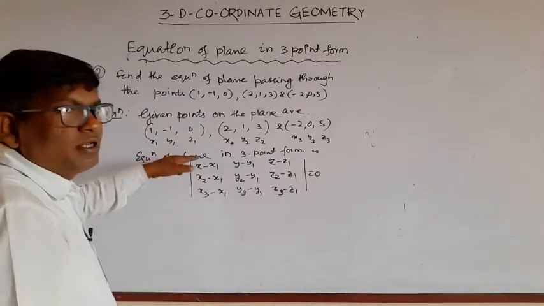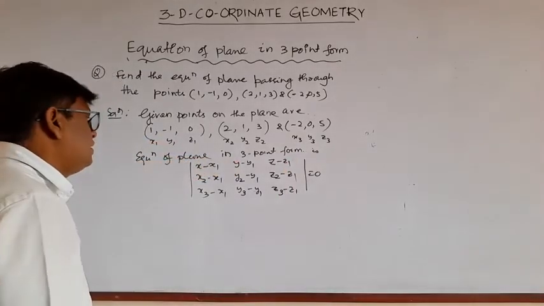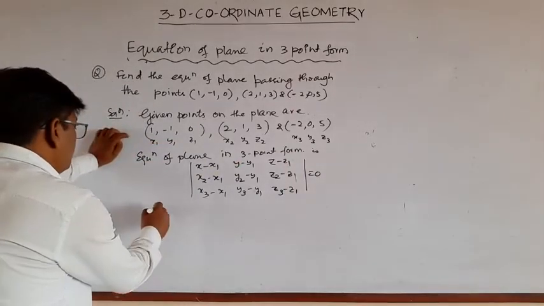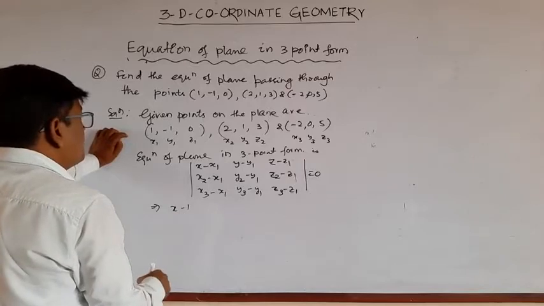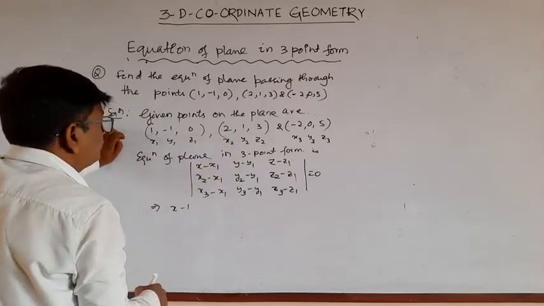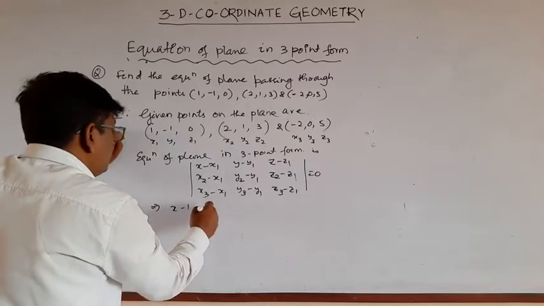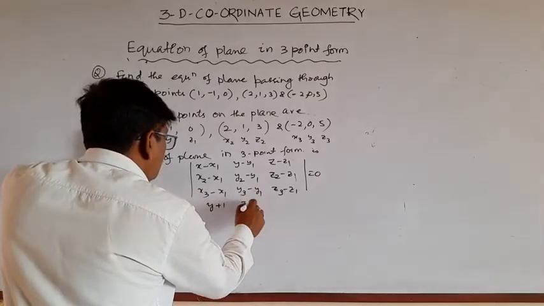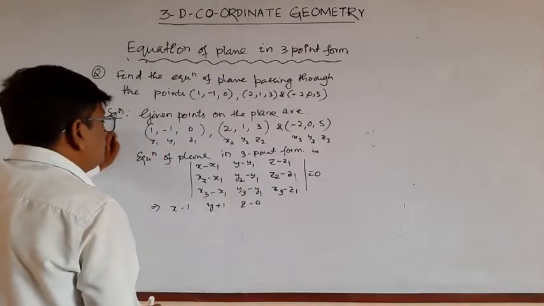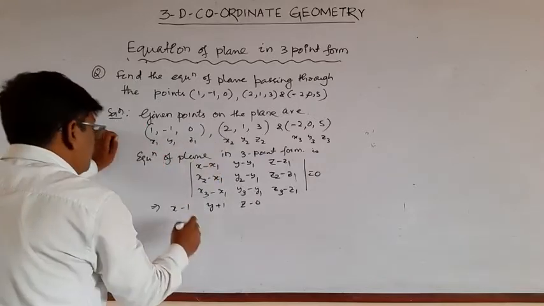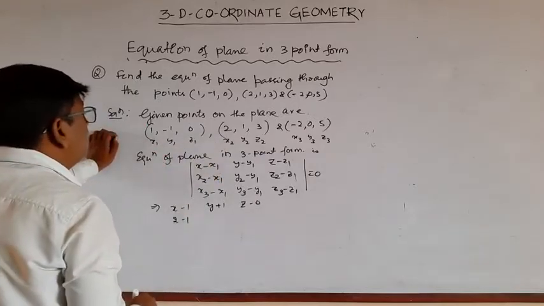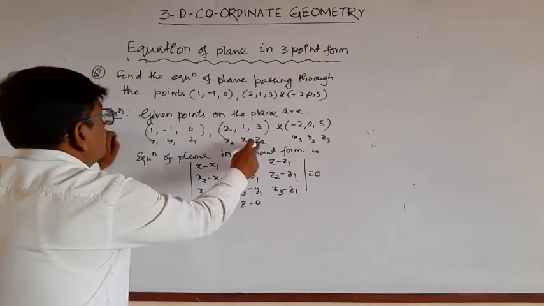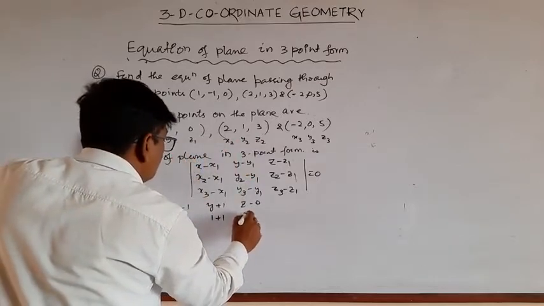Putting the values of x1, x2, x3, y1, y2, y3 and z1, z2, z3 and simplifying: x minus x1 implies x minus 1, y minus y1 is y plus 1, and z minus 0. Then x2 minus x1 is 2 minus 1, y2 minus y1 is 1 plus 1, z2 minus z1 is 3 minus 0.